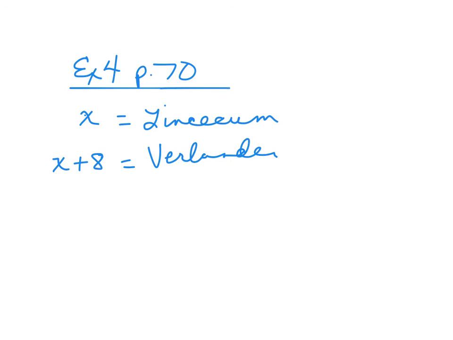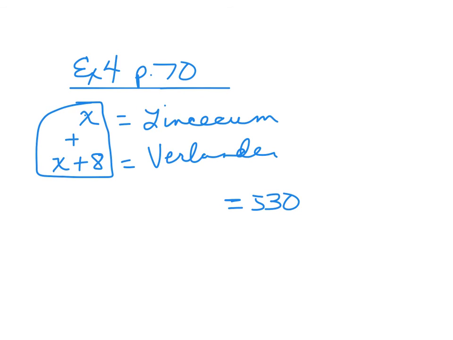Step 2, let's look for information in the problem that will allow me to write an equation. Okay, so what do we know? It says the pitchers had a total of 530 strikeouts. So if I add their strikeouts together, it has to equal 530. So what am I adding together? Well, Lincecum struck out x and Verlander struck out x plus 8.